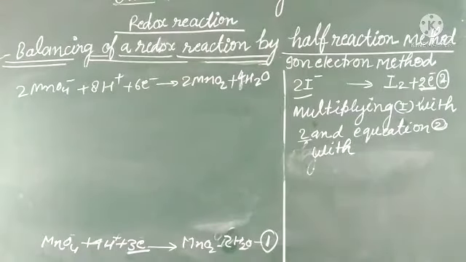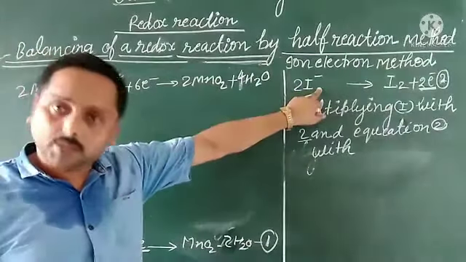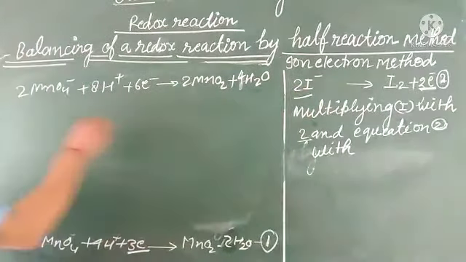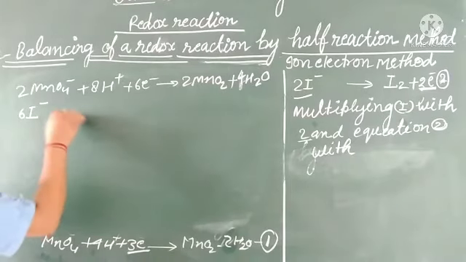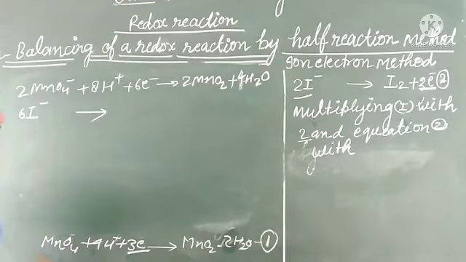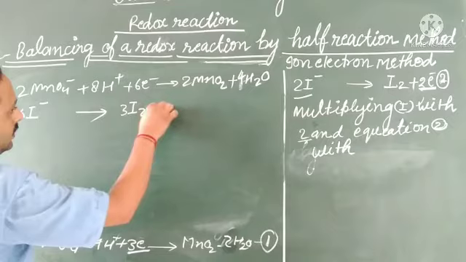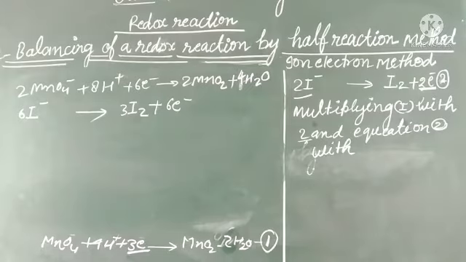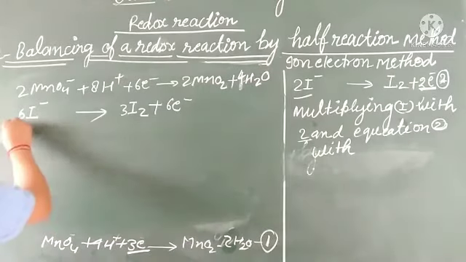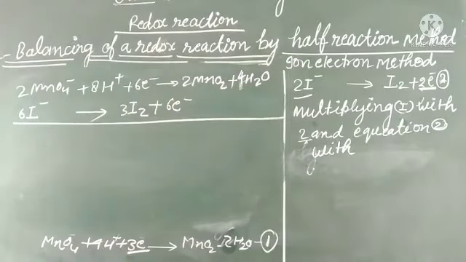Understood this? Then we multiply that by 3. So 6I minus gives out 3I2 plus 6 electrons here. Then we will add it here.